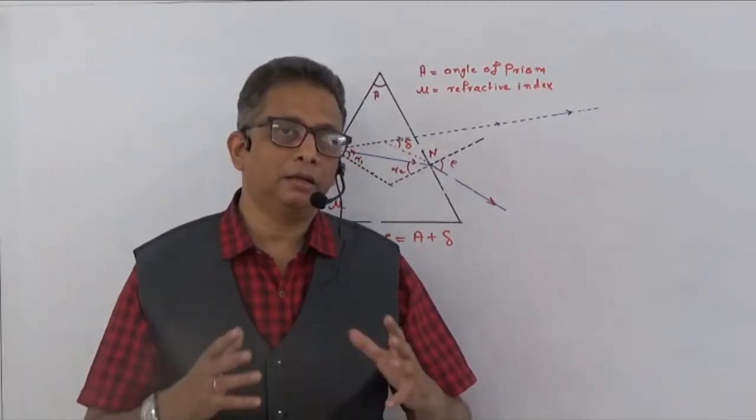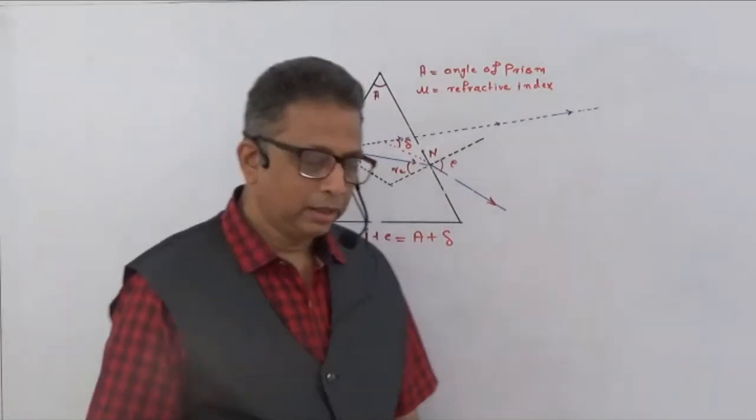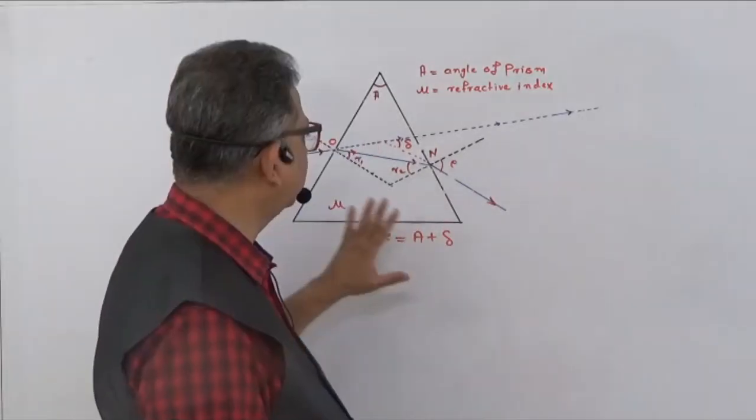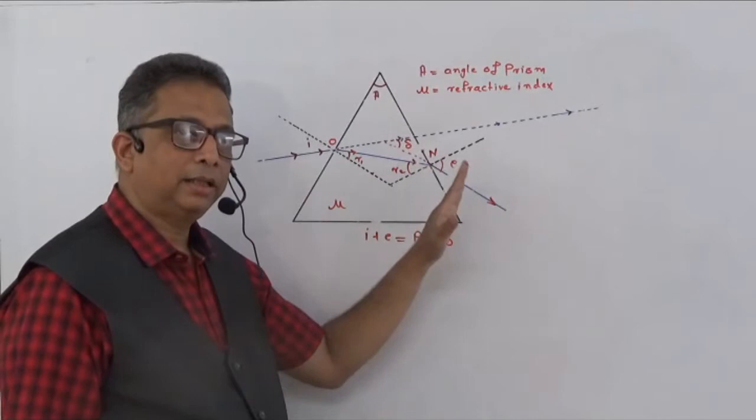Let us see the form of a graph, right? So now I am going to draw a graph for the angle of incidence and the angle of deviation.